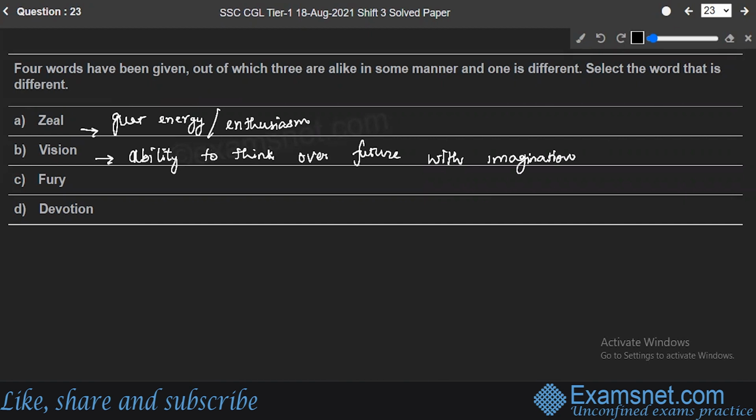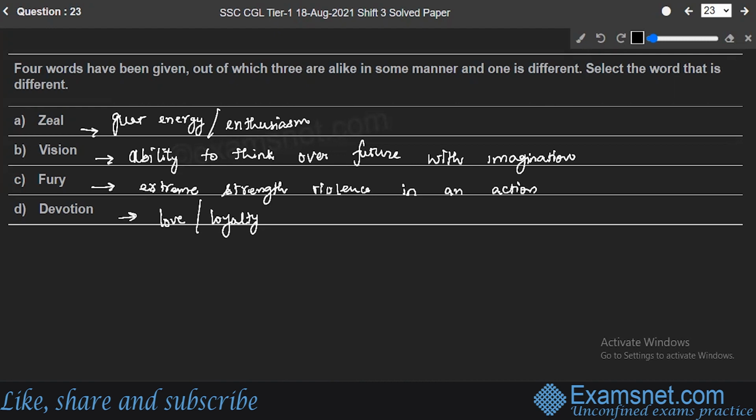Then the word is fury, which means extreme strength or violence in an action. Devotion means love, loyalty, or enthusiasm for a person or an activity.